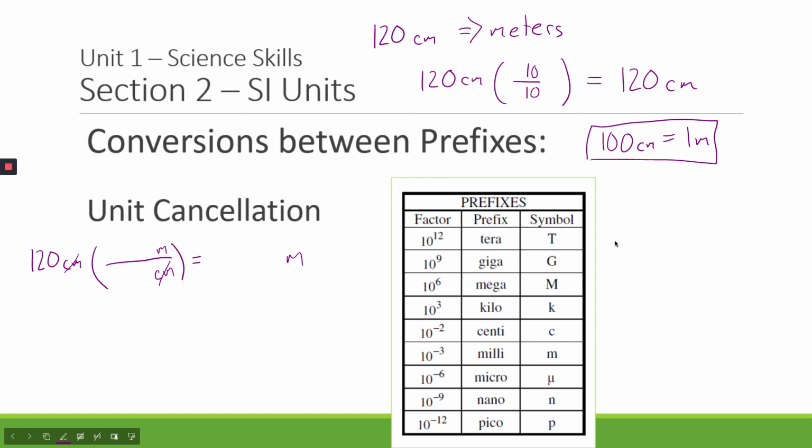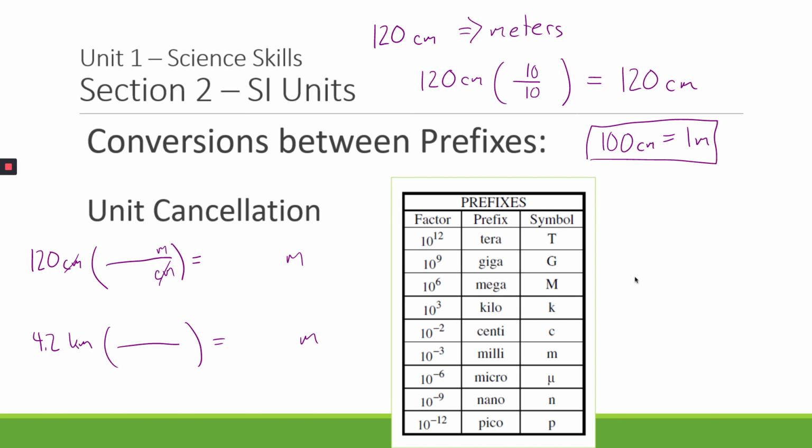First, let's do 4.2 kilometers into meters. Same problem, but we're going to go kilometers to meters. I'll show you why I changed this a little bit. I need to know how many kilometers are in a meter or how many meters are in a kilometer. So I'm going to use this chart to do it.